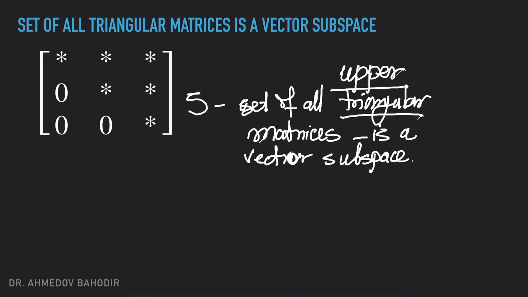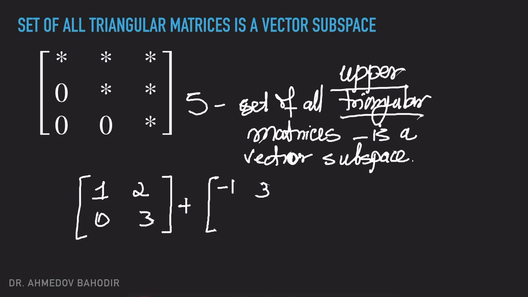You can take any two upper triangular matrices, let's say 1, 2, 0, 3, and add this to another upper triangular matrix, which is going to be minus 1, 3, 0, 4.